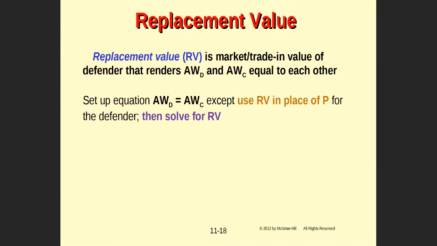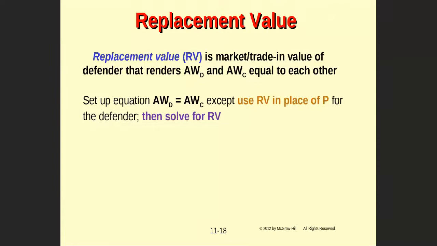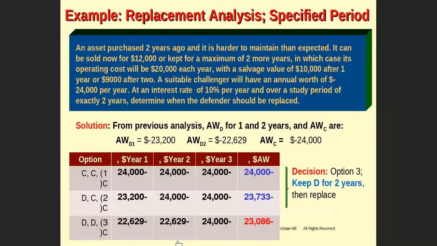So in this case, we equalize the annual worth of the defender with the annual worth of the challenger, and we keep the present value of the defender as unknown, and that will be considered the replacement value. If you recall, in this example, we have the 12,000.